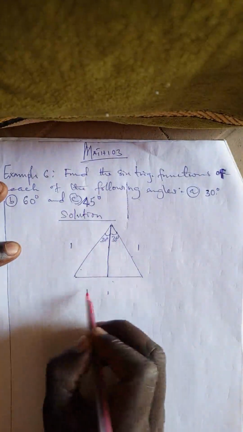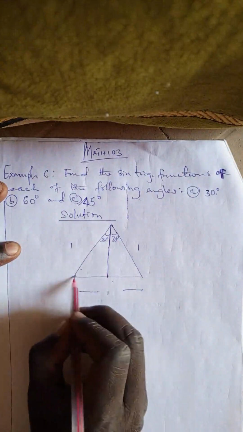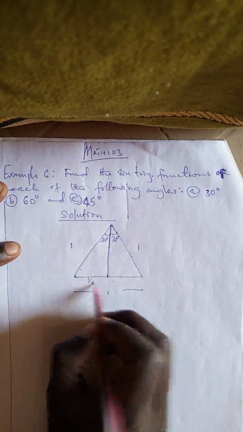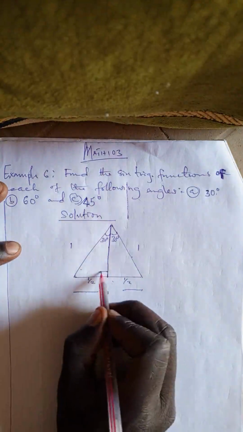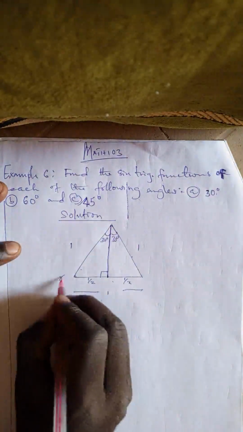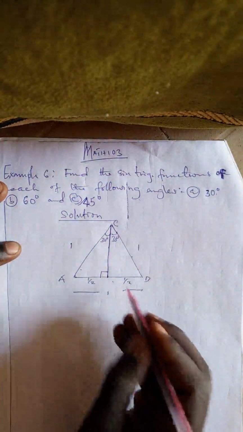But the length of this line here is 1. So when we divide it into two equal halves, we have 1 over 2, 1 over 2, half, half. Now this is a right angle triangle, triangle ABC.